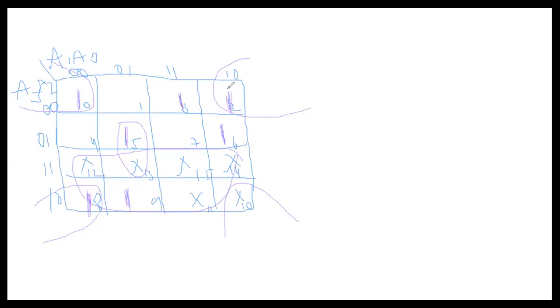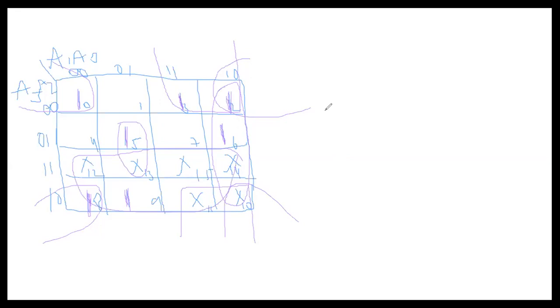If we convert this 6 into a 4-box combination with the don't cases, there is still 3 remaining. So for that 3, you go for 1 and 2, 11 and 10, which is a 4-box combination.